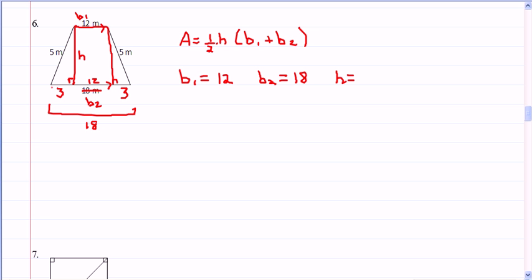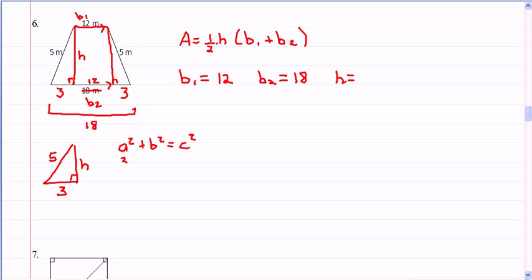So now that I've found the 3, I can use this right triangle of 5, 3, and h, just the Pythagorean theorem, to find the height so that I could put it in the area formula. So a squared plus b squared equals c squared.